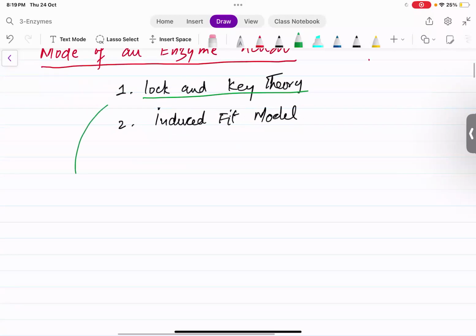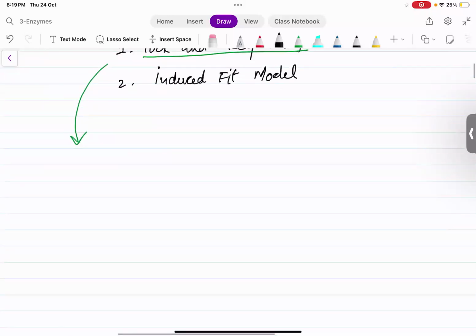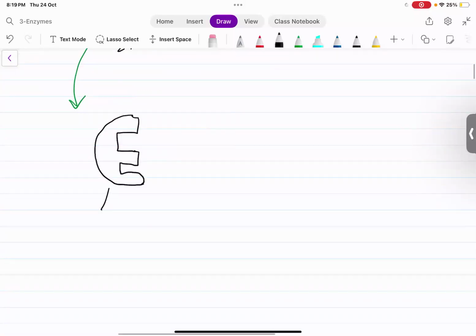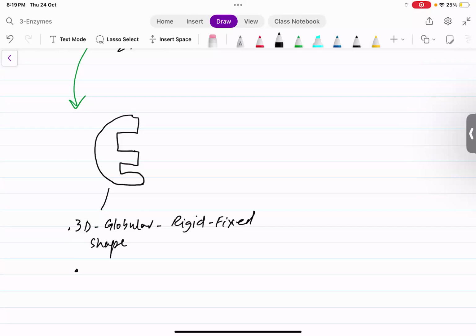According to the lock and key model, an enzyme, which we can draw in this shape, has a 3D globular, rigid, fixed shape, and it has an active site.